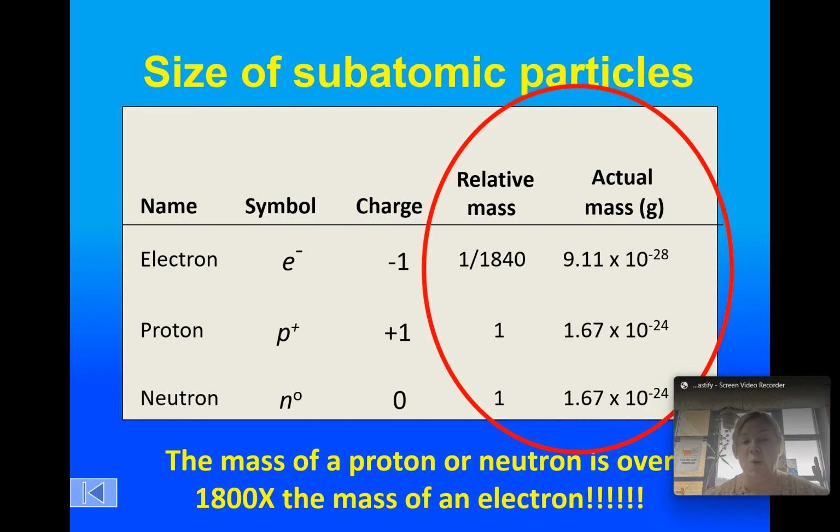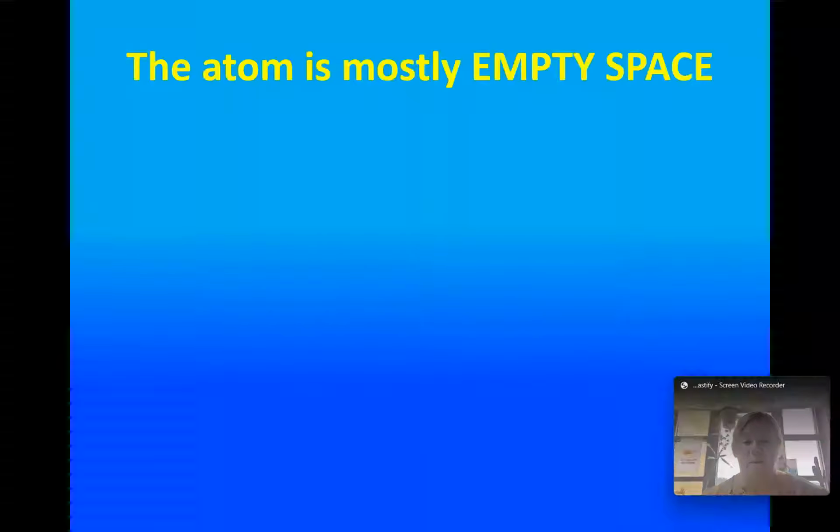Electrons are so tiny that we don't even need to worry about their mass. We don't add them in when trying to find an atomic mass or a mass number. Electron mass is just negligible because it's that tiny.